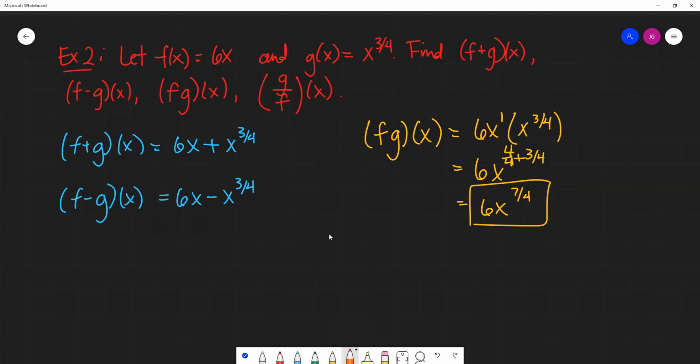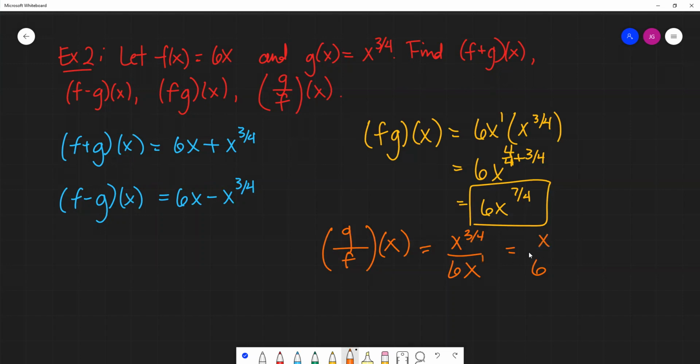And then lastly, our division function, g divided by f of x. What's my g? x to the 3/4. My f is 6x. Same thing here. I can just set the 6 to the side, we'll just leave the 6 there. And this is going to be x to the 3/4 divided by x. So that means 3/4 minus 1.